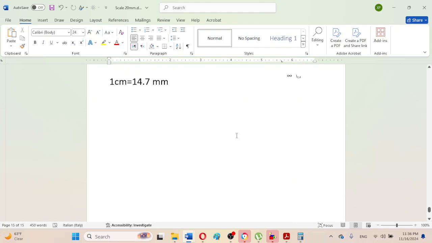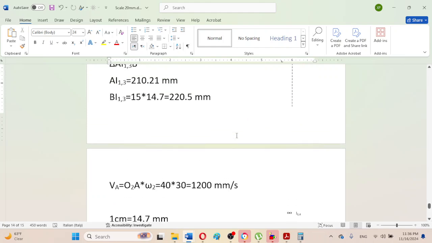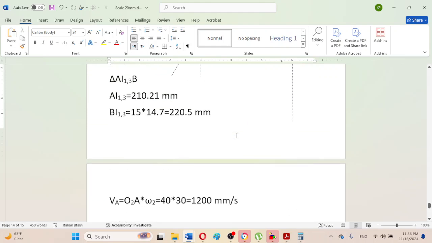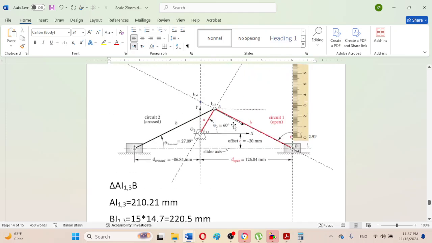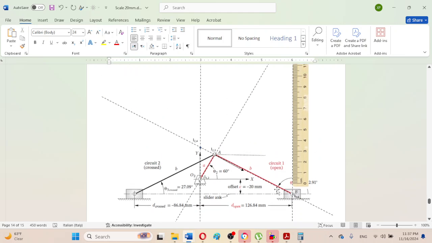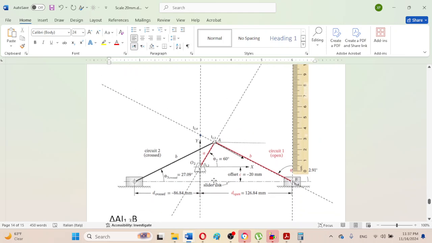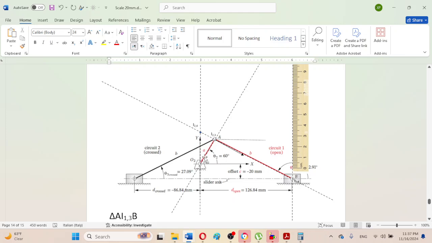So that means the direction of this velocity is 30 degree along the horizontal, and this velocity vector is in the fourth quadrant, as we can observe, because the angular velocity is in the clockwise orientation. Now we can observe that this velocity is determined with the help of this crank.